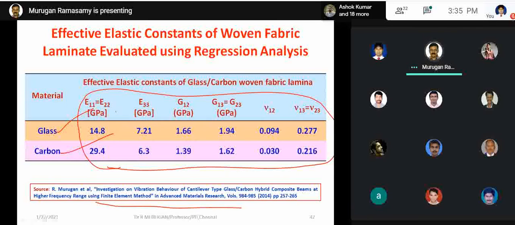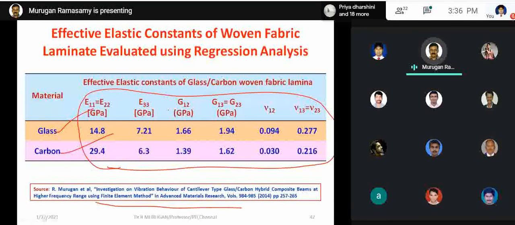And using the finite element method, we conducted the modal analysis by using theoretically evaluated elastic constants. Now we did the regression analysis to modify the elastic constants which are fed as input to the ANSYS.